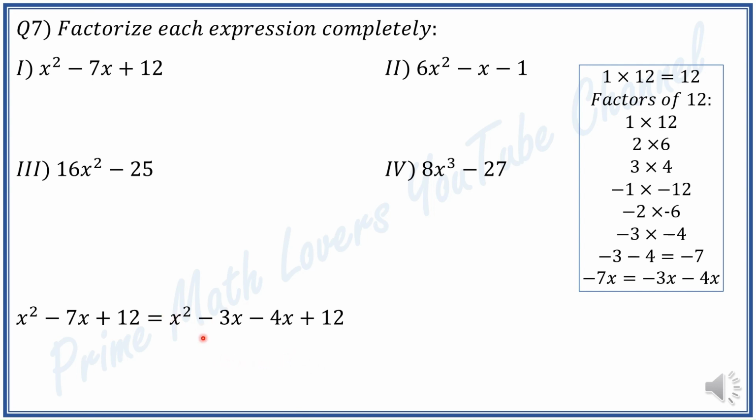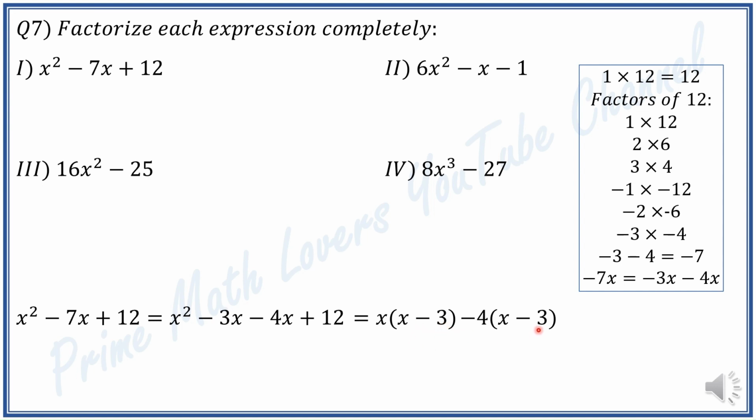From the first pair, we factor out x, so we'll get x times x minus 3. And from the second pair, we factor out minus 4, and we will get minus 4 times x minus 3. Notice that both pairs have a common factor of x minus 3.